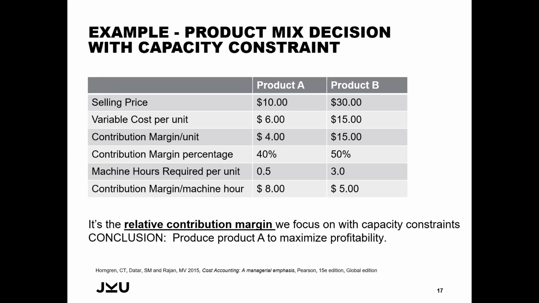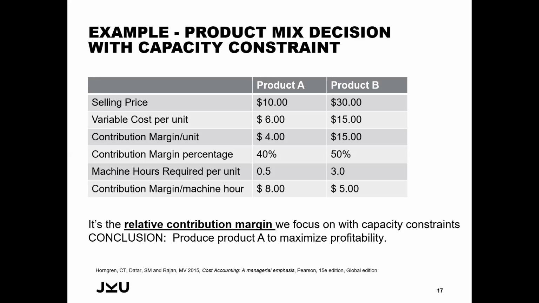If we produce 6 times as much, then we would have an absolute contribution margin of 6 times 4, $24. So in the same 3 hours of production time, we would be able to achieve a contribution margin of $24 for product A, while we still have $15 for product B. And that is precisely what we need to calculate, and we call that a relative contribution margin.